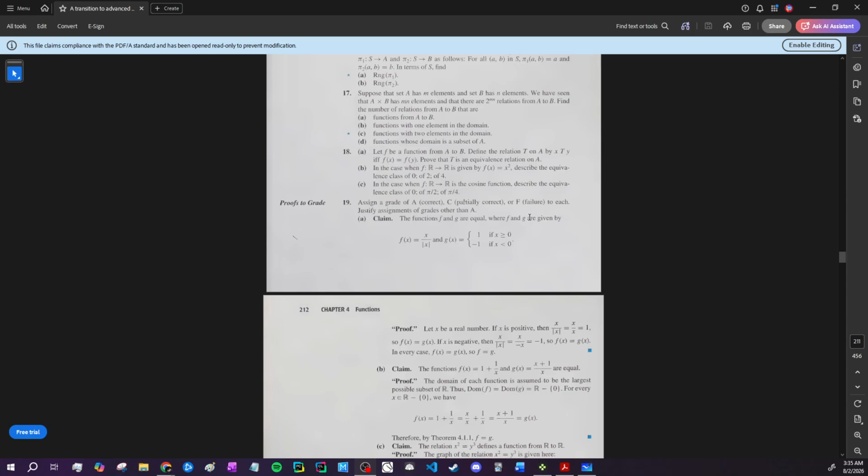Okay, so of 0, of 2, and of 4. Let me think for a second. What they're saying here is, in the case of the equivalence class of 0, of 2, and of 4, we do know that it's a relation though, right?